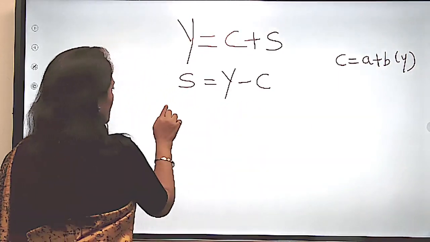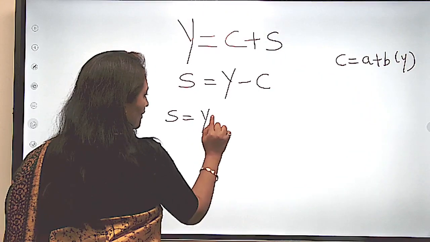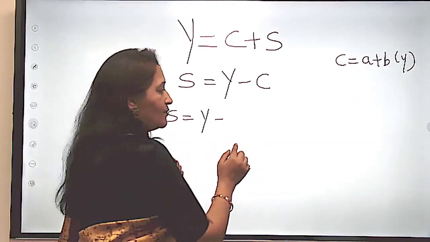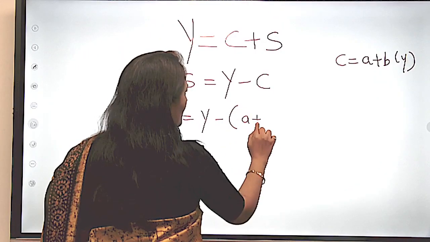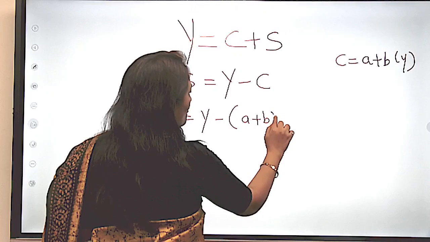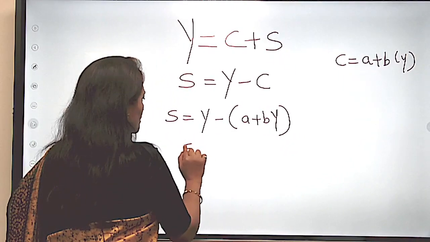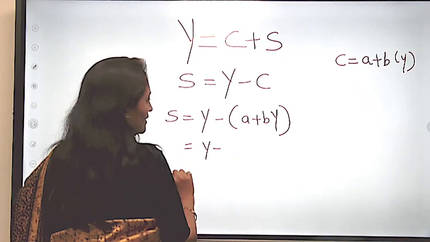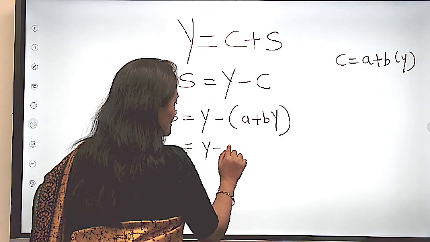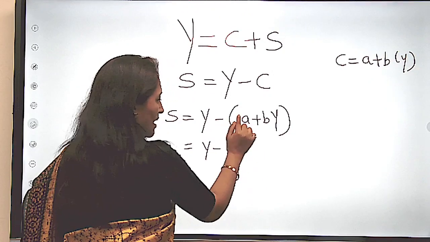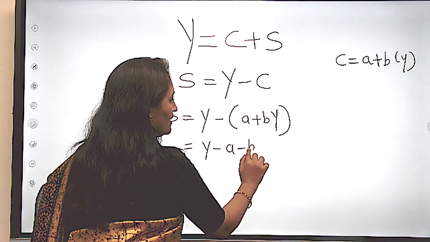So savings are equal to income of the country minus consumption, which is nothing but A plus B of Y, right? I'm just solving this equation. Since it's a minus sign, I'm solving the bracket. So the A will become minus A, and minus plus becomes minus B of Y.